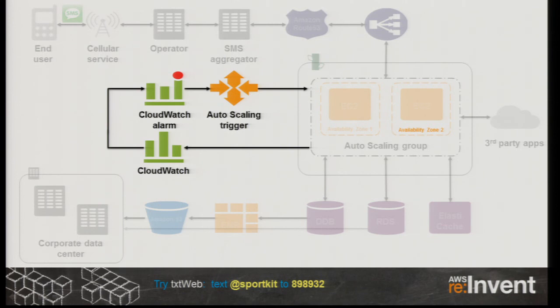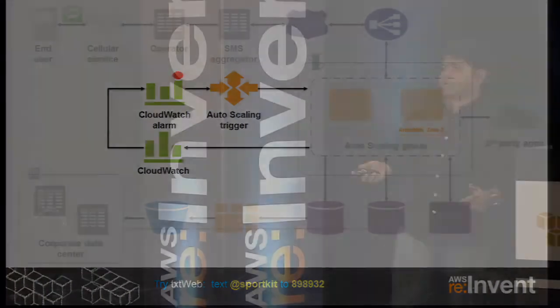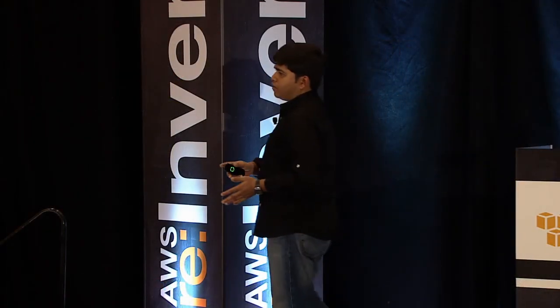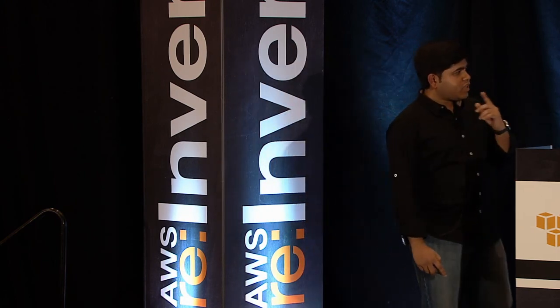These CloudWatch alarms look at the number of threads running on each of the EC2 servers, and when it breaches a certain threshold, it triggers auto-scaling automatically, and one of the EC2 servers is added or removed depending on the conditions. That's how we have taken care of auto-scaling in our case.